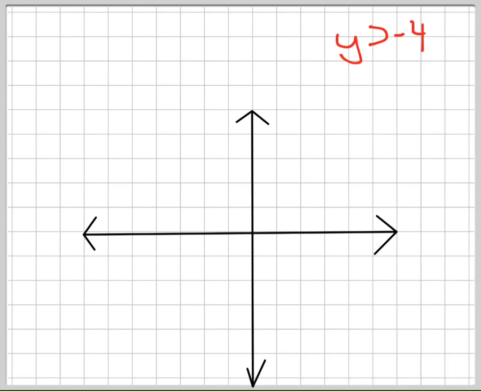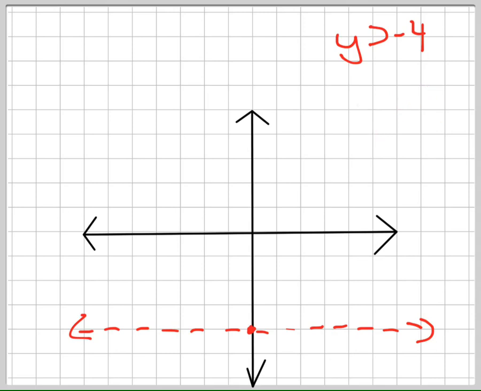Remember you treat it as if it was an equal sign: y equals -4. So it's going to be a dotted line through y at -4, and it's horizontal because it has a 0 slope. This is number 4.